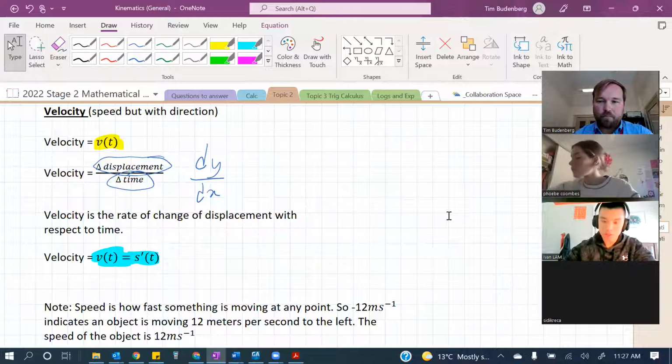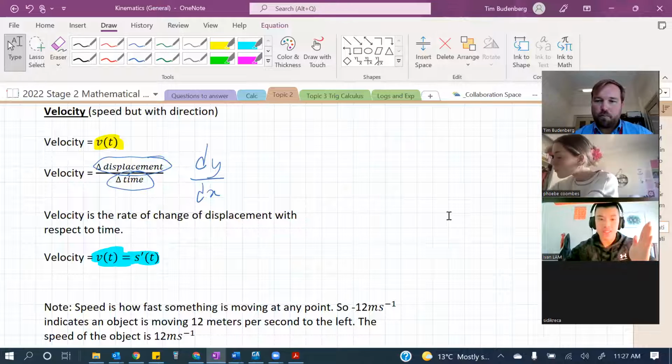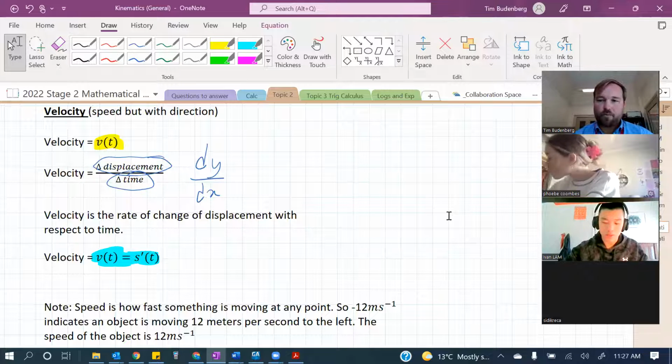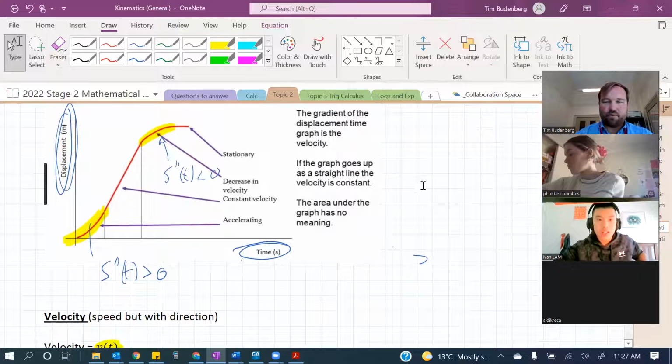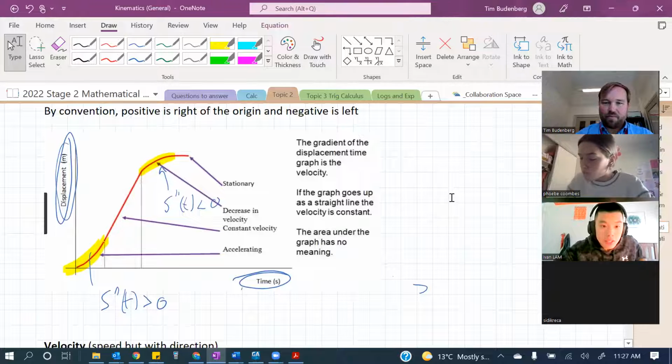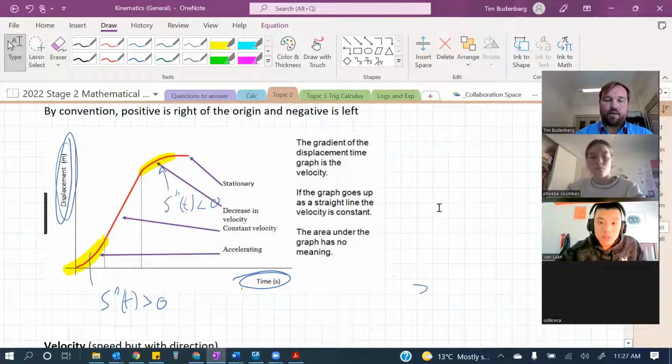And can you show the graph that you showed when you were talking about the displacement? Just acceleration, constant acceleration, decrease, and stationary. The gradient.